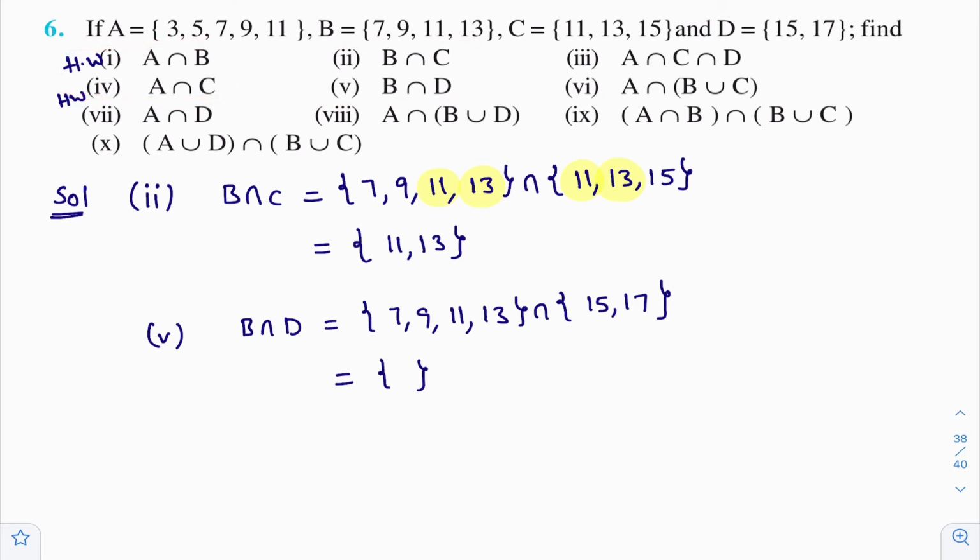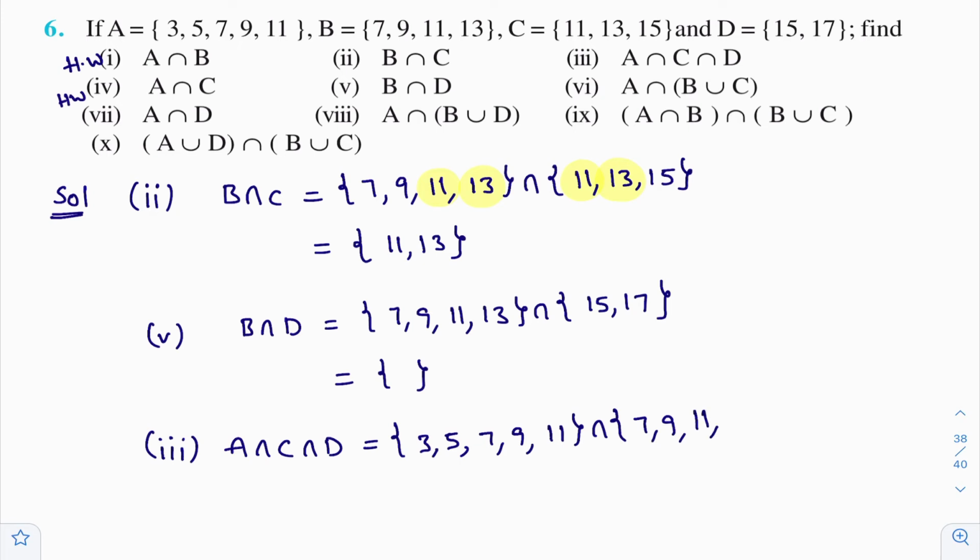Now this third bit, A intersection C intersection D. First you write set A. What is set A? 3, 5, 7, 9, 11. Intersection set C: 7, 9, 11, 13. Intersection, what is D? 11, 13, 15.